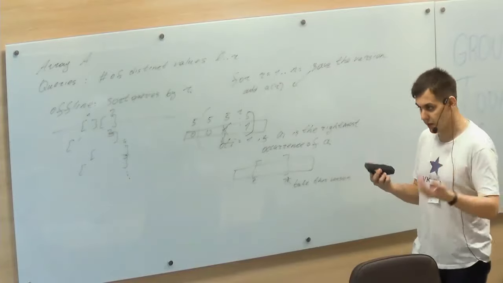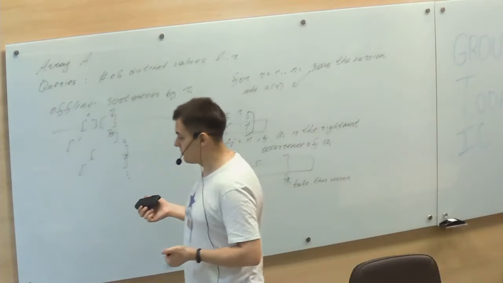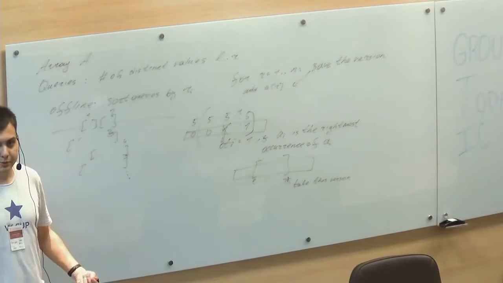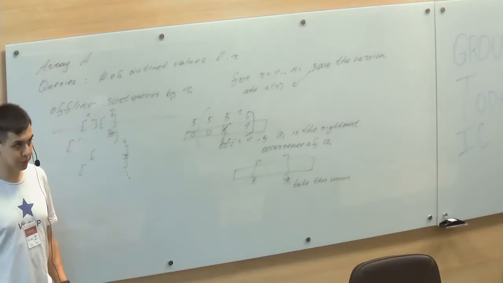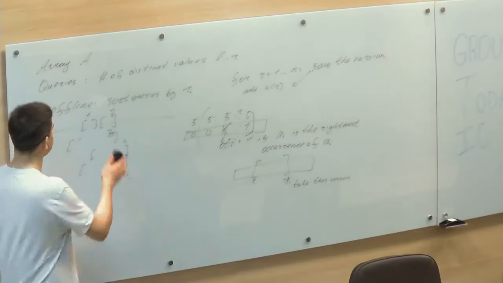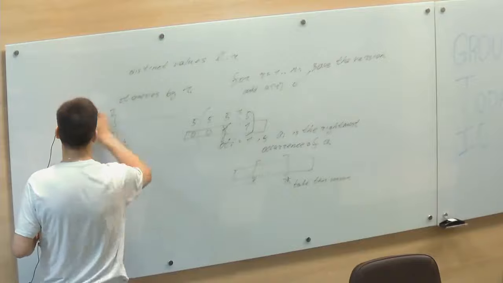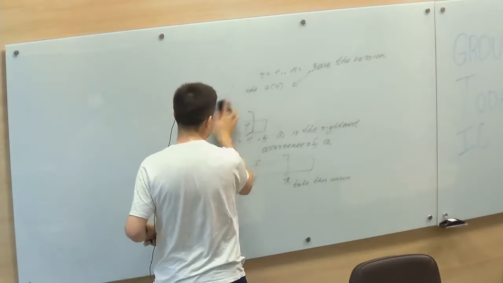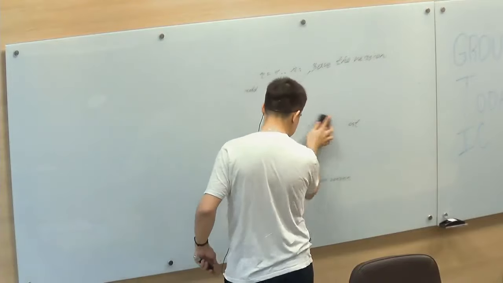Okay, and another problem that still has an online component, but has one more cool trick associated with segment trees. You probably all know what a kth order statistic is.